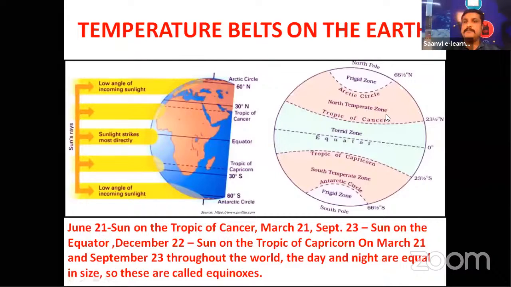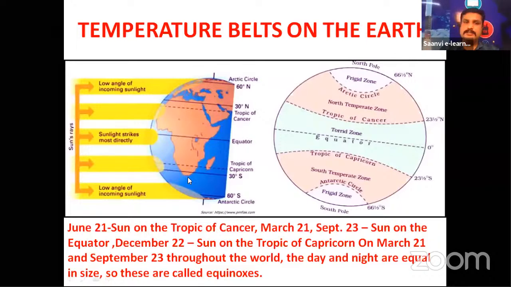Here you can see the temperate zone and the frigid zone. Today we are going to discuss the frigid zone, the North Pole or South Pole. As the term itself suggests, the climate is very cool here, and the reason, as I told you, is the sun rays. The sun strikes mostly directly on the equator, but at the poles the sun rays are not received directly, so the temperature changes in the polar regions.